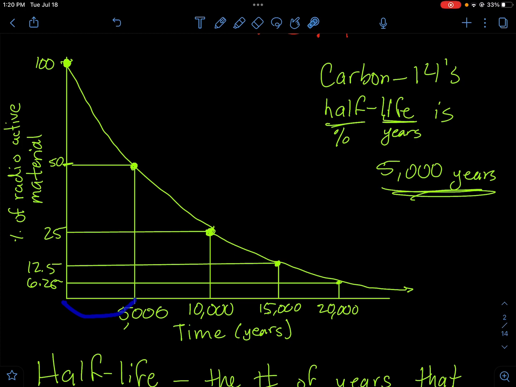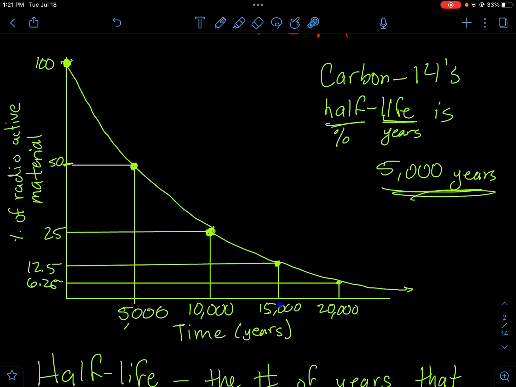Then after 5,000 years, you have half of this 100%. Then after another 5,000 years, so a total of 10,000 years, you're left with half of that half, which is 25% right here. After another 5,000 years, half of that is left, 12.5%.